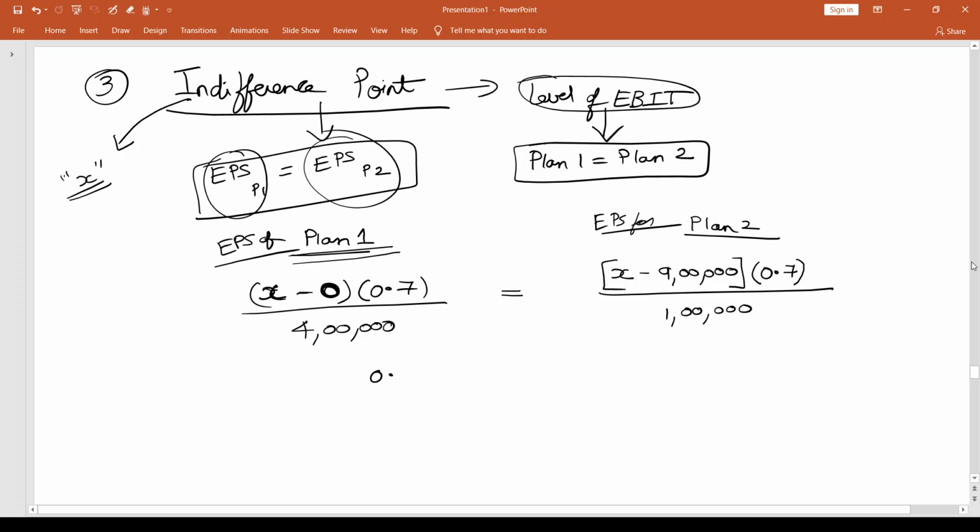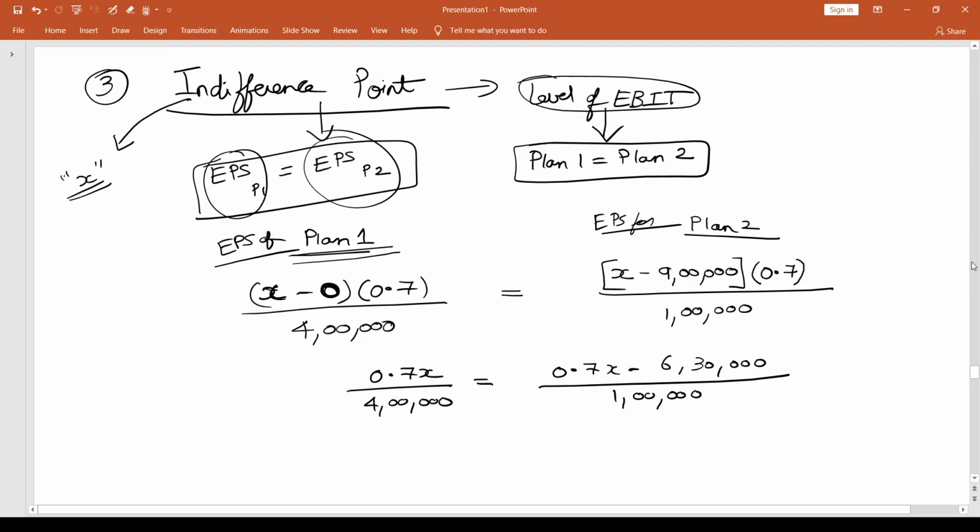So 0.7x divided by 4 lakhs is equal to (0.7x minus 6 lakhs 30,000) divided by 1 lakh.